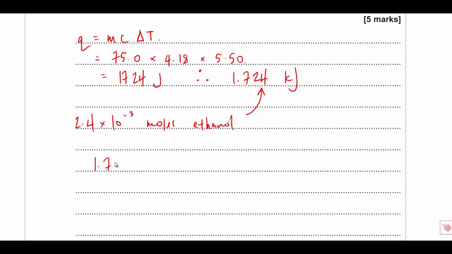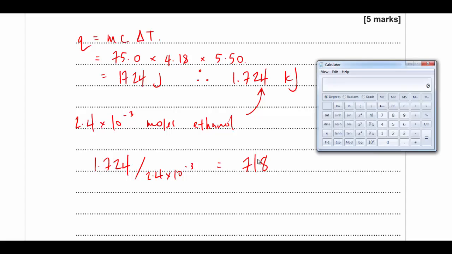So if I do 1.724 divided by 2.4 times 10 to the minus 3, I will get an answer of 718. Tell you what, let's just check that. Here's my calculator. 1.724 divided by 0.0024.